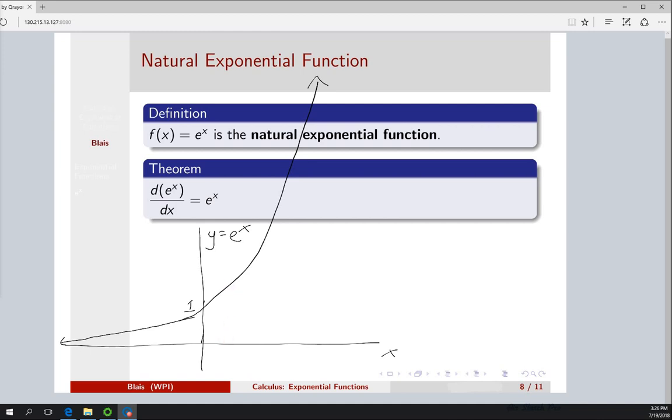So for example, at x equals 0, the slope of this tangent line at x equals 0 is, if we call e to the x f of x, f prime of 0, but that's also e to the 0, or 1. So we see that this tangent line has a slope of 1.